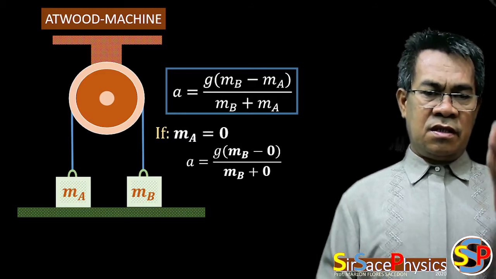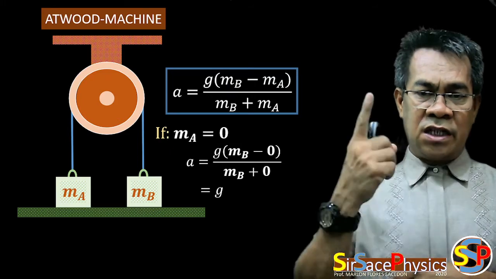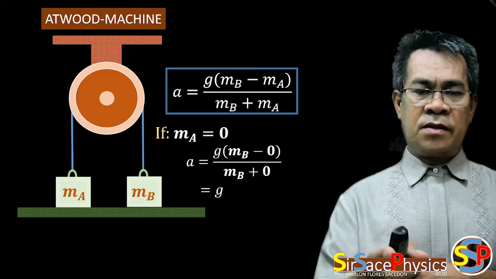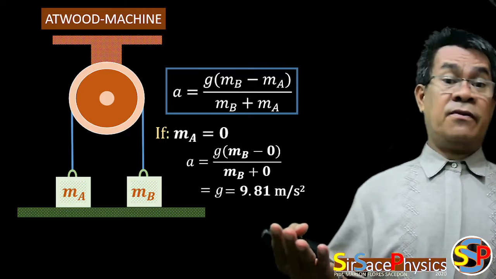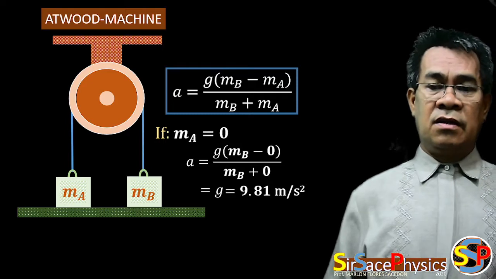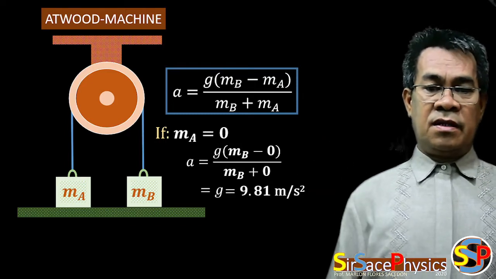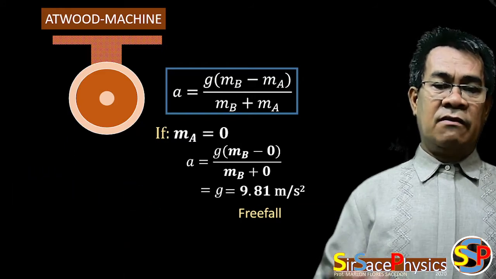So if B is cancelled out, then the acceleration of the system is equal to g. And remember, g is what? 9.81. That's free fall. Which means that if I remove A and also the string and release it, then it is a freely falling body.